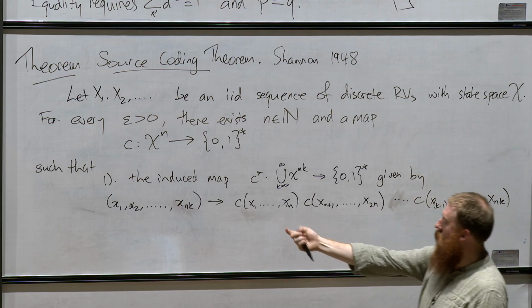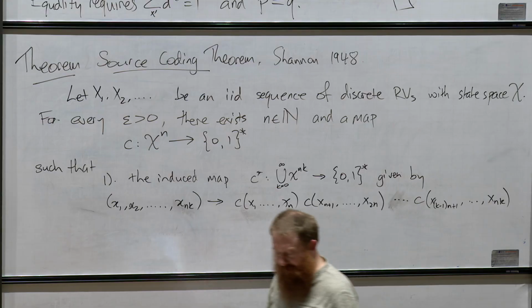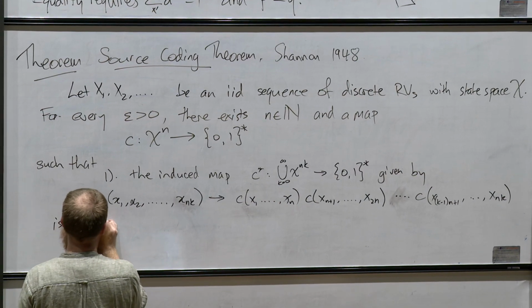So I'm taking blocks of length n and encoding each of them and then concatenating that together. This is injective.